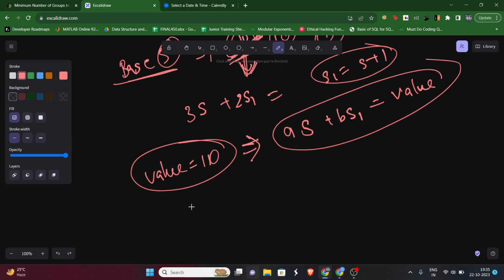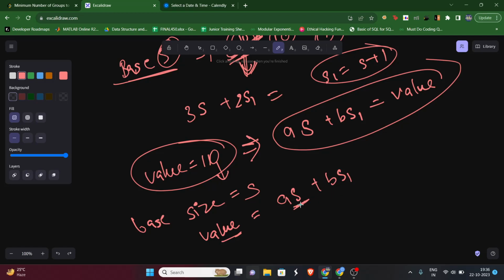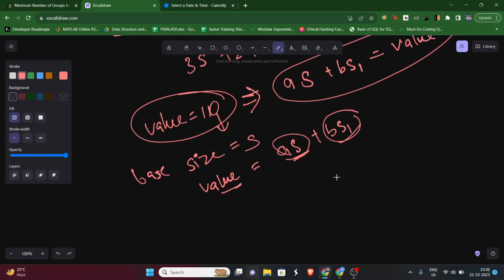Let's say the base size is S. Then for all the groups, if the count is the value, or the frequency, whatever you want to call it, then this value should be equal to a times S plus b times S1. Because we already know that all the groups can have size S or S plus 1, that is S1.